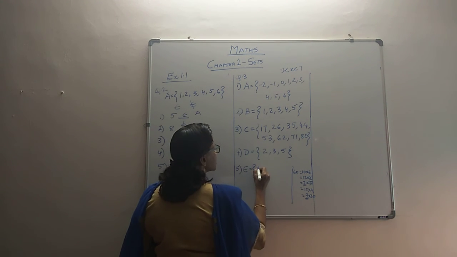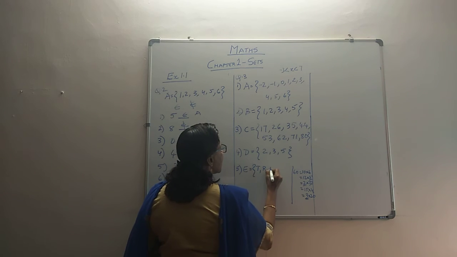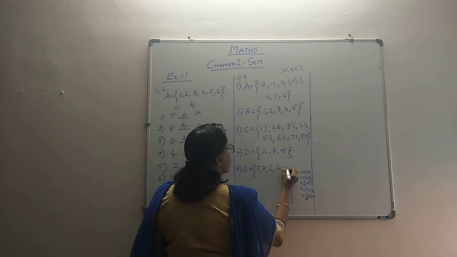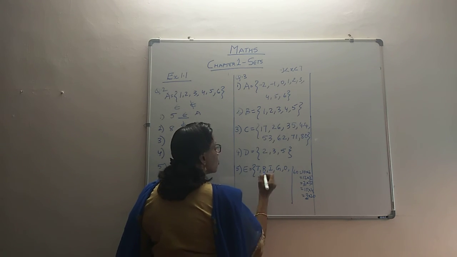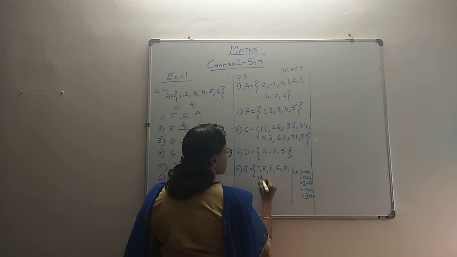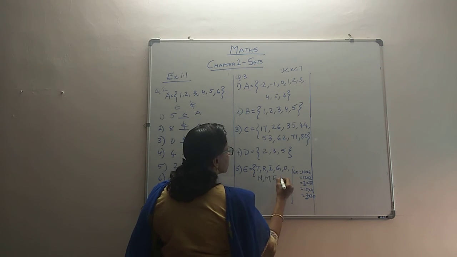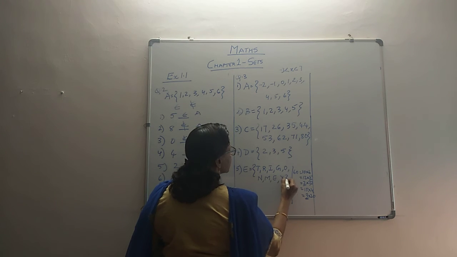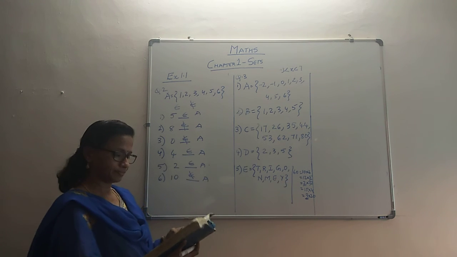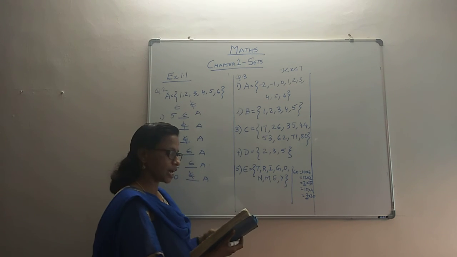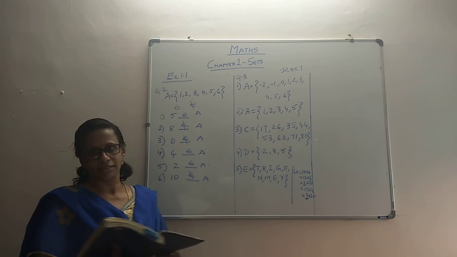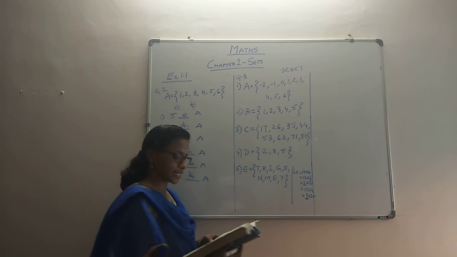T, R, I, G, O, N, O again, but because we don't consider repetitions, we skip it. M, E, T we will not write, R we will not write, and then Y. That's about it. That we have T, R, I, G, O, N, M, E, Y. Yes, those are the elements that have to be listed.